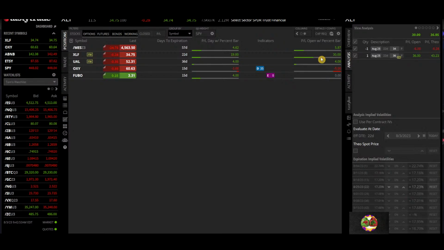And since we're getting closer and closer to expiration, and it is important because this is a long option strategy, the closer we get to expiration, like these two trades are probably going to lose money, right? So I will close it out before they lose a lot.